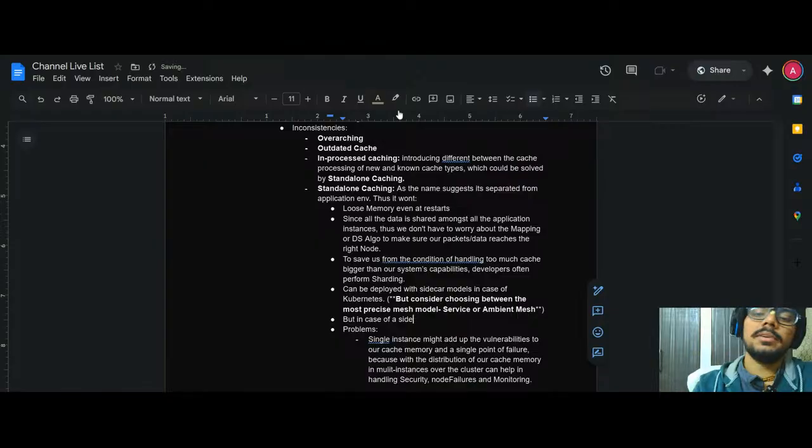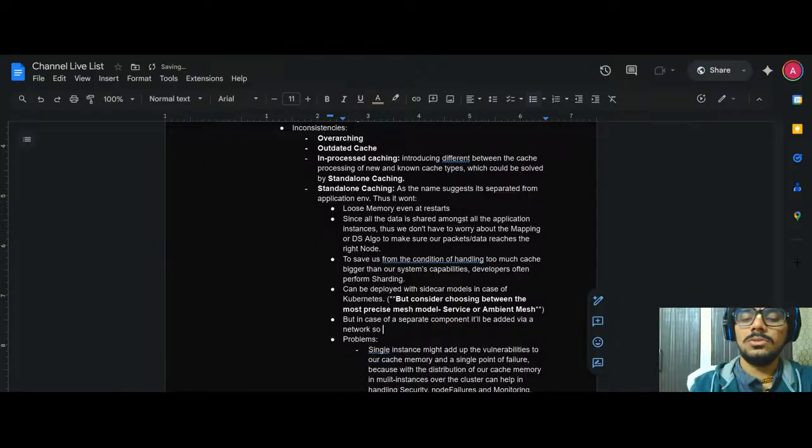In the case of a separate component, it will be added via a network, so it can never be as fast as an in-memory cache. Yeah, it's kind of true. It can't be as fast.